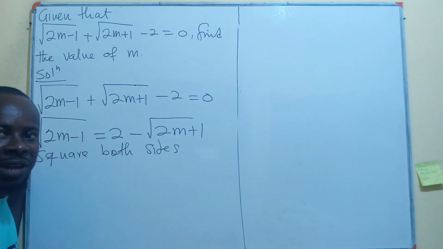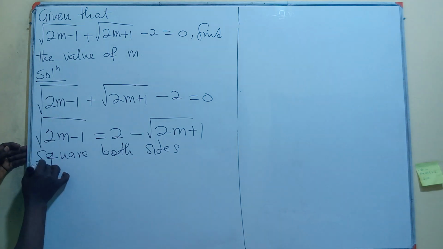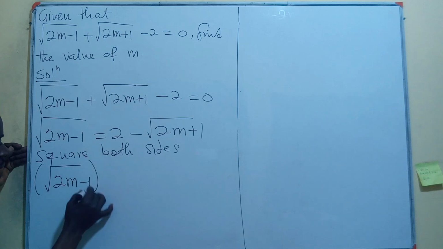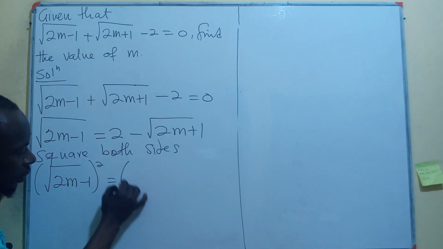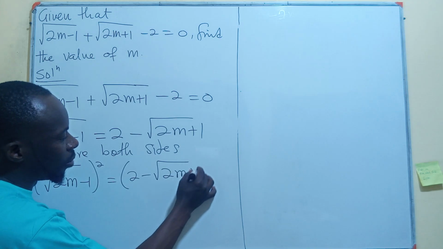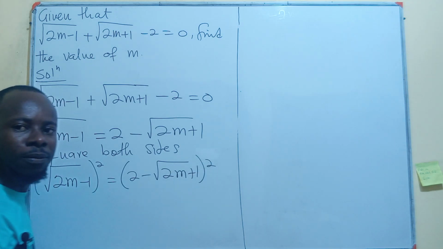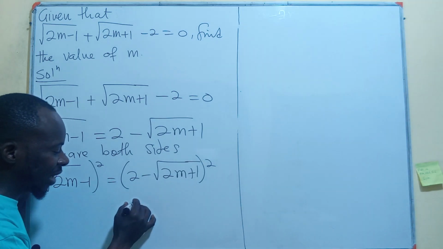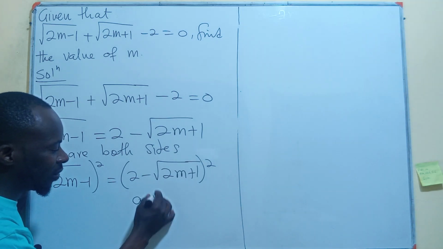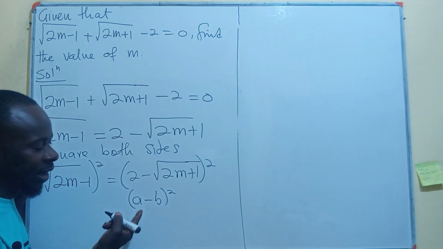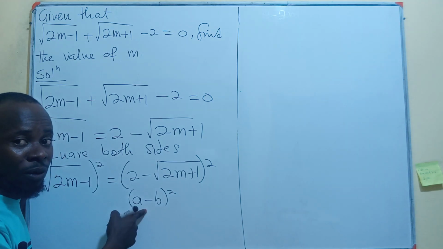So now we can square. We are squaring both sides of the equal sign, meaning this becomes the root of 2m minus 1 all square, equals bracket 2 minus the root of 2m plus 1 all square. Don't forget this is a binomial term. It is just like a minus b all square, which is the multiplication of two binomials.